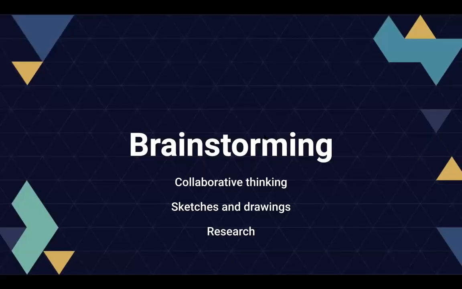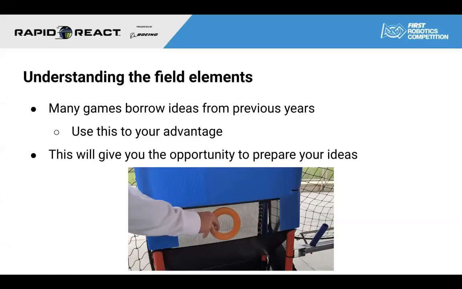Next slide. Next is understanding the field elements or brainstorming. A lot of games in past years have elements that have been used in the current game of the season, and this can be an advantage to veteran teams because they'll already have experience from the past years of all the seasons.